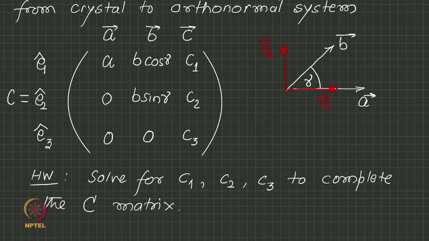If I have three vectors A, B, C and have written their Cartesian components in matrix form as columns, and I am finding the determinant, what does that determinant represent from vector algebra? Volume of the parallelepiped defined by A, B and C. But A, B, C were defining, in terms of our crystal structure, the unit cell. So, the determinant of C is nothing but the volume of the unit cell.